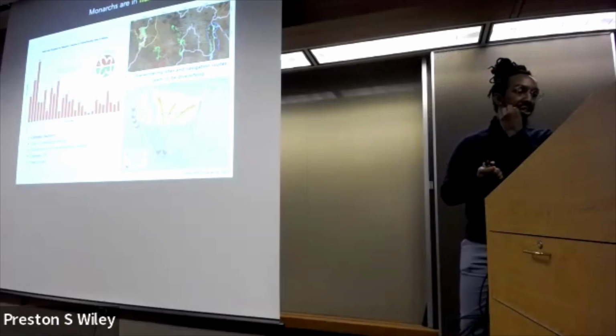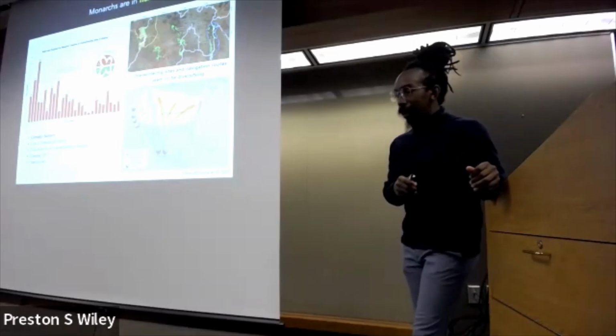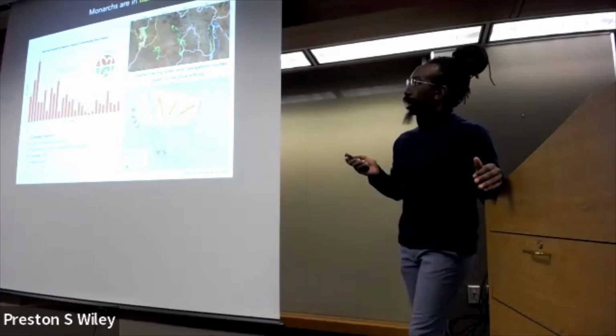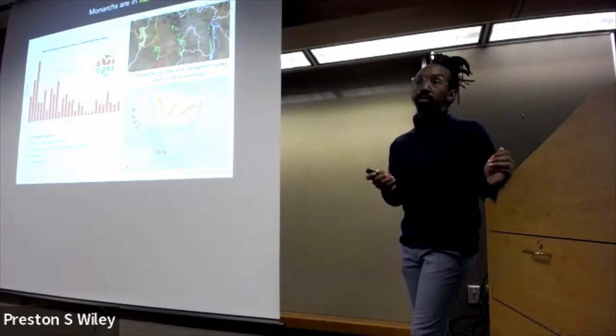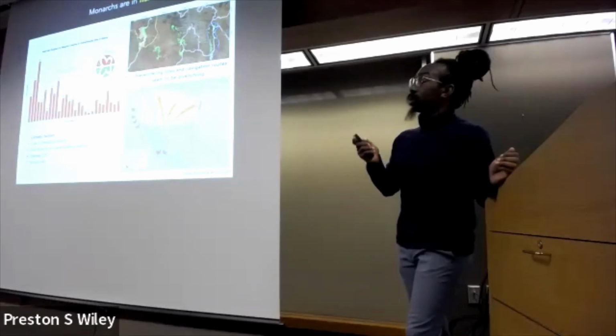Because I focused on behavior, other folks have studied other components that make the migration successful, for instance, going into diapause. Resident populations will go into diapause. It is quantitatively different from migratory populations, but it is possible.